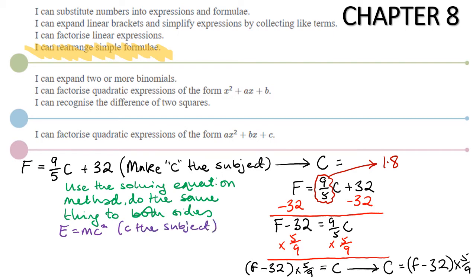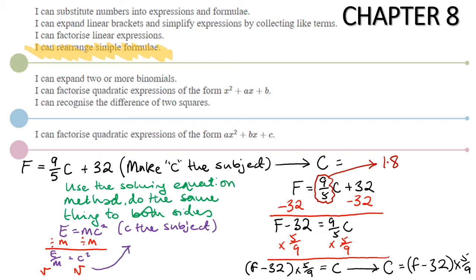So first thing to do, divide both sides by m. I'm going to lay this out in the same way that I would if I was solving an equation. So I'm going to write E over m equals c squared. And because I've got c squared and I want c, I'm going to square root both sides. Let's do that just over to the side here.